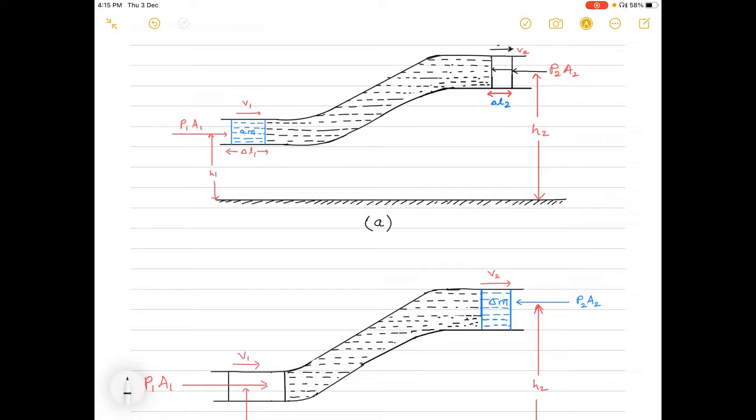For Bernoulli's principle, we have to consider a steady, incompressible, non-viscous and streamlined flow.